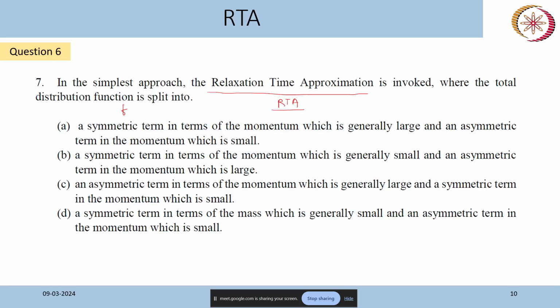So now you know what the symmetric term in momentum and asymmetric term in momentum mean. The distribution function f is split into a symmetric term in momentum, which is generally large, and an asymmetric term in momentum, which is small. So our answer is A.